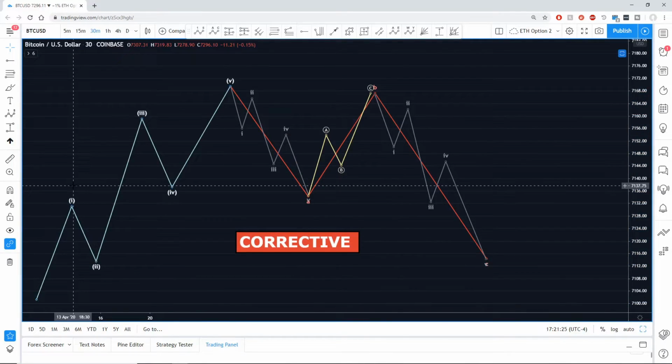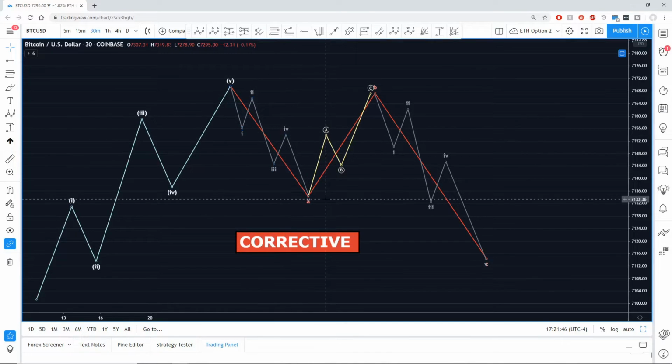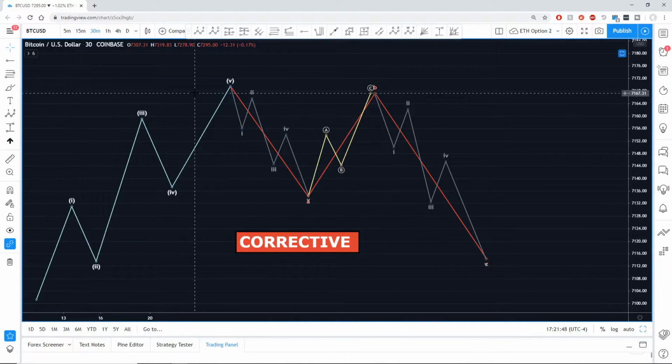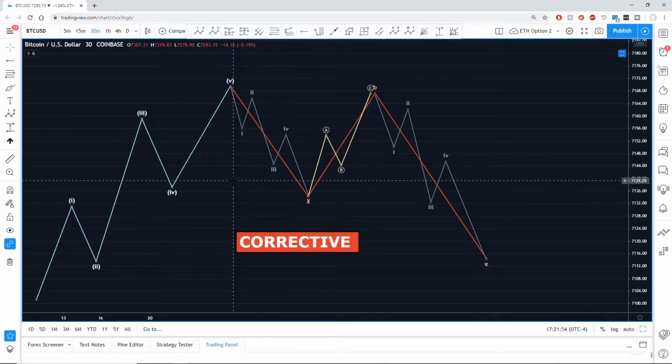Turning up the degree and changing the color for visibility. So look at that. Our overall trend on this degree is upwards. And then we have an ABC that corrects it. So even though this is made up of 5 waves, our larger degree trend is still upwards relative to this blue 1, 2, 3, 4, 5 impulsive wave.